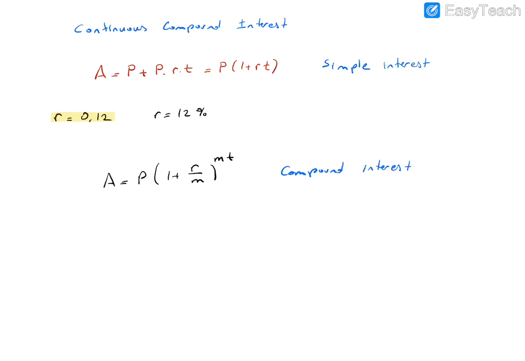So let us perform a calculator experiment before we attack the general limit problem. If P is $100, R is 0.06, so this is 6%, and T is 2 years.